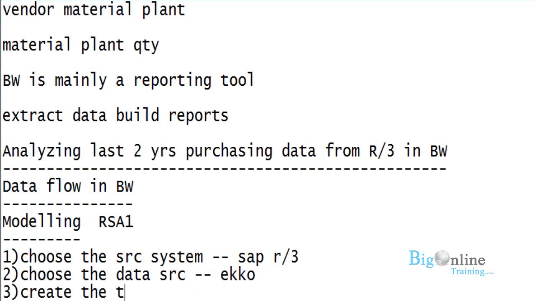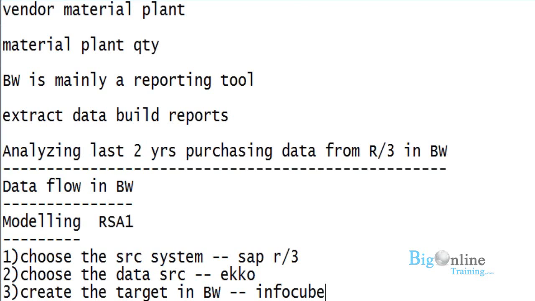Then you have to create the target in BW. Usually InfoCubes are the widely used target, which you would mostly come across in BW. I have written it down: create the target in BW, the InfoCube.